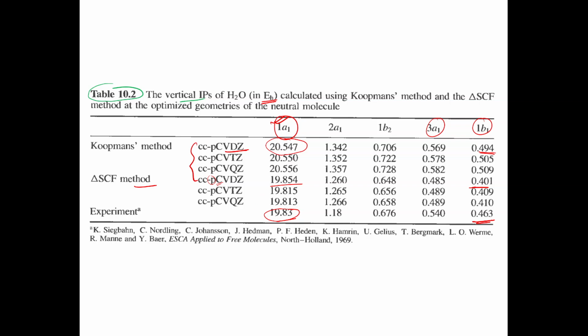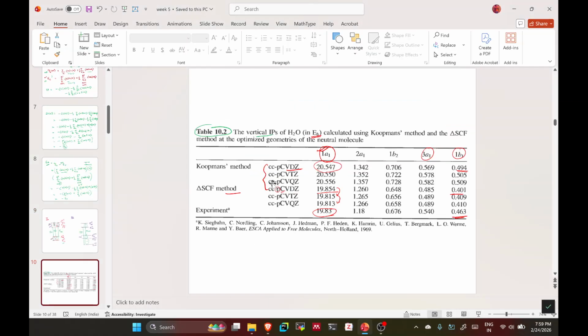So now if you look at this number, from here to here, the value actually decreases. This is not the case every time, but it generally happens that if you increase the basis set, your value goes down. So this was the example of why you get a good value for the valence for Koopmans and not for core. Now let's solve a problem.